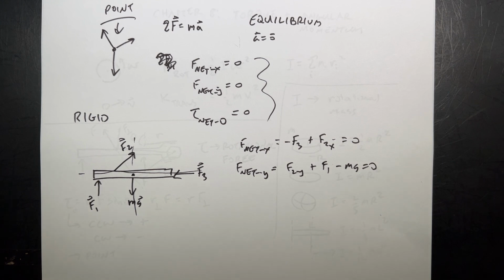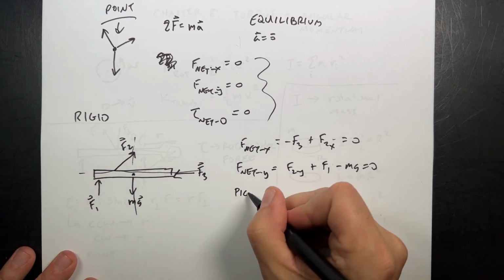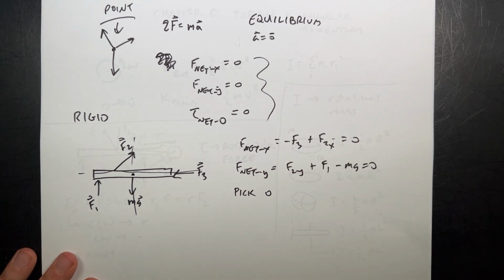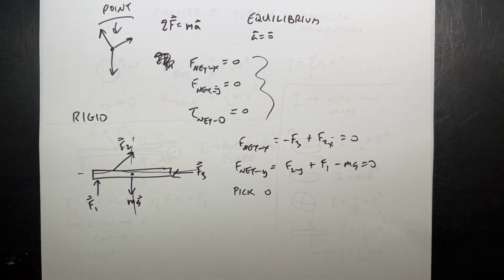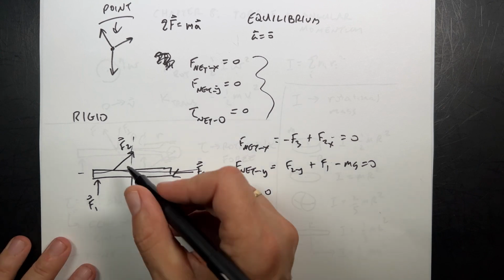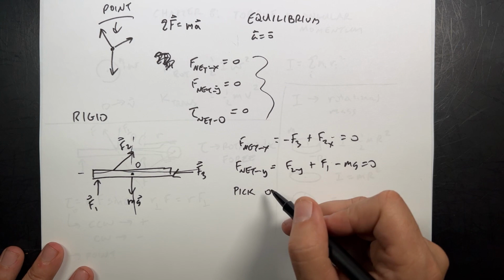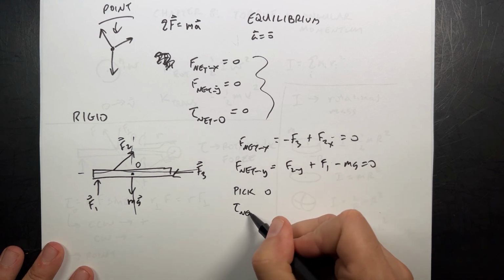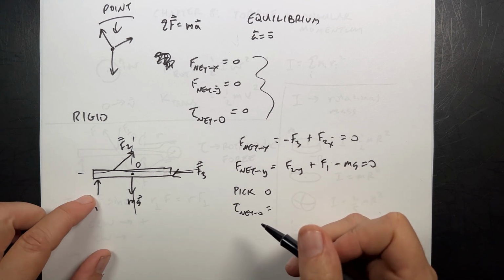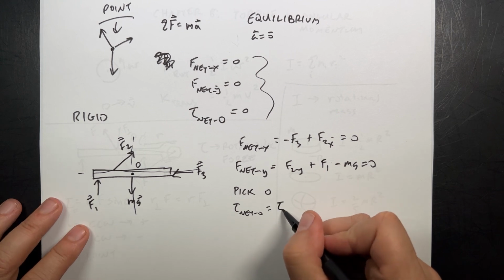And then the torque equation, I have to pick the point O about which I want to calculate the torques. You can pick whatever point you want. So you might want to pick something like right here in the middle. That might be better. If I do that, then torque net about O, well, it's going to be the torque due to 1, which I'll just write as torque 1.